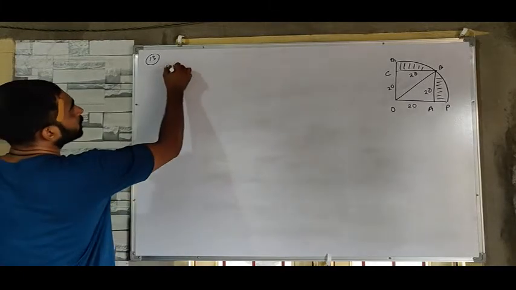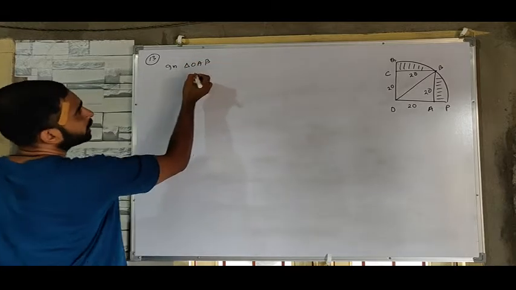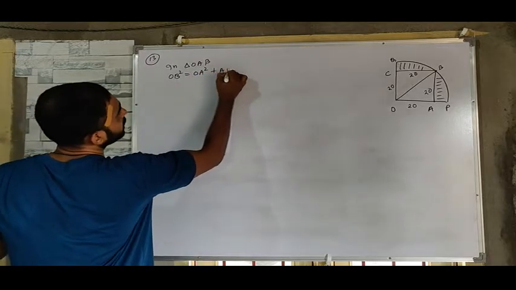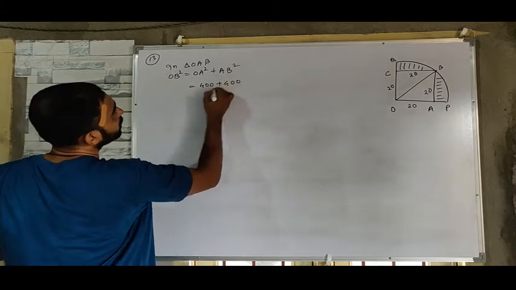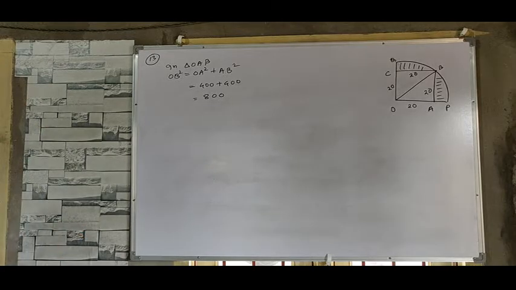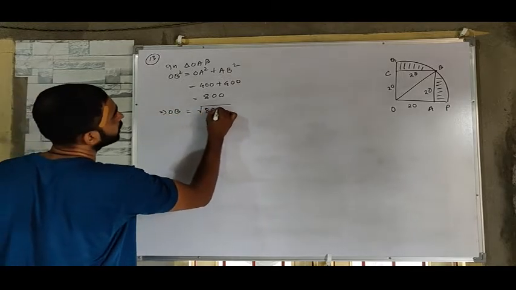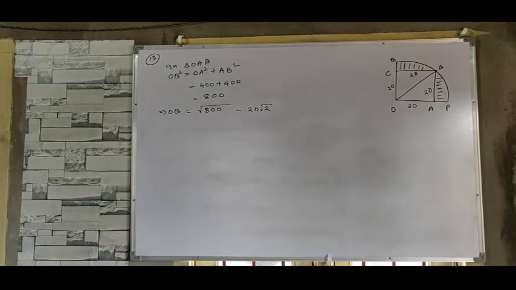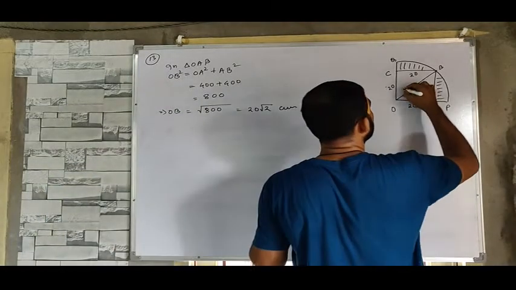Now in triangle OAB, OB square equal OA square plus AB square. So 400 plus 400 equal to 800. So OB equal under root 800, which is equal to 20 root 2. Unit is centimeter. So the radius is 20 root 2.